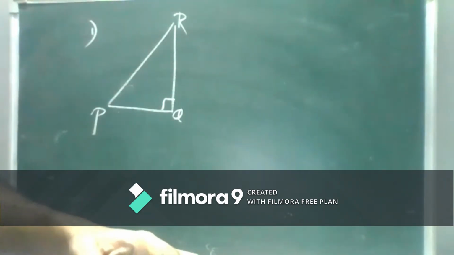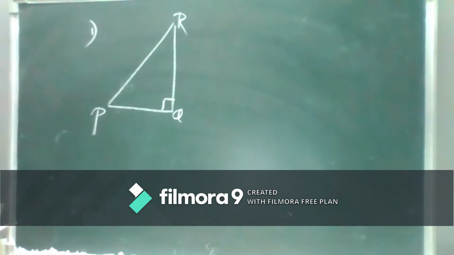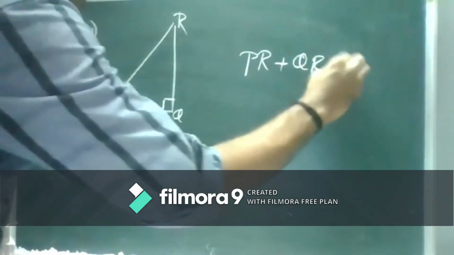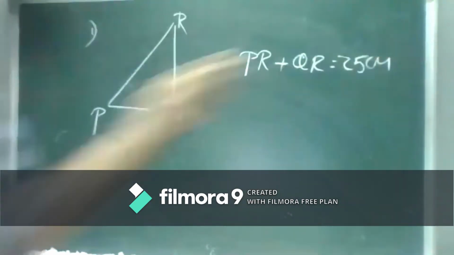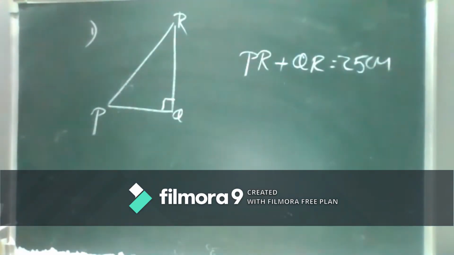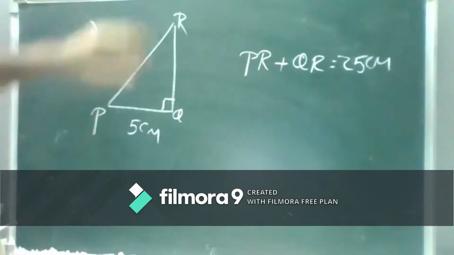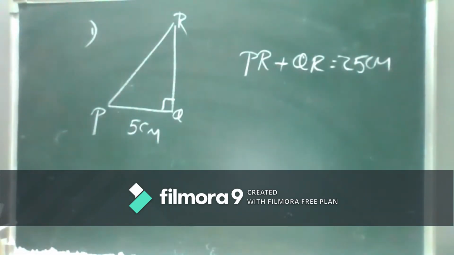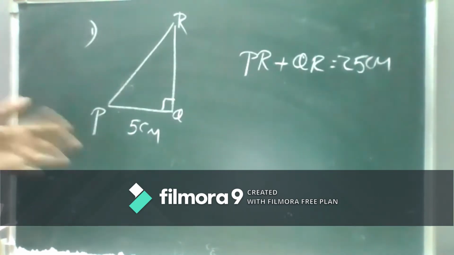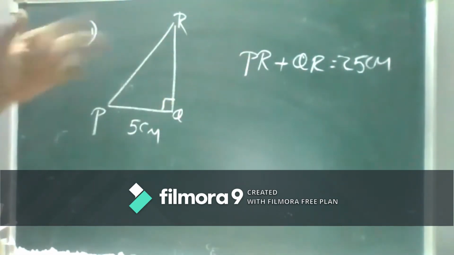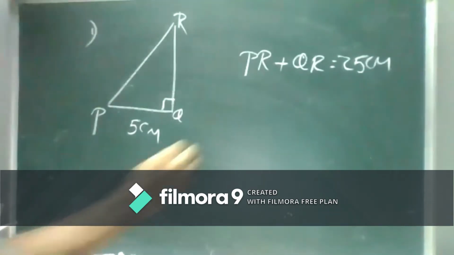Looking at the given data, they have given PR plus QR is equal to 25 centimeters and PQ is equal to 5 centimeters. I don't know QR and I don't know PR individually, so I will use the Pythagoras theorem on the hypotenuse.